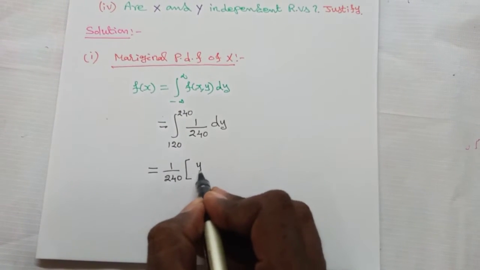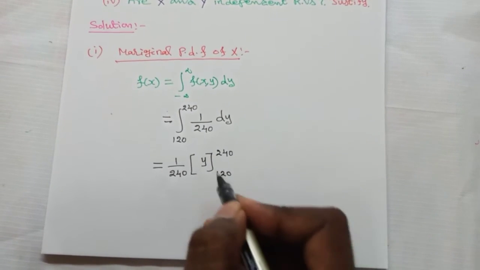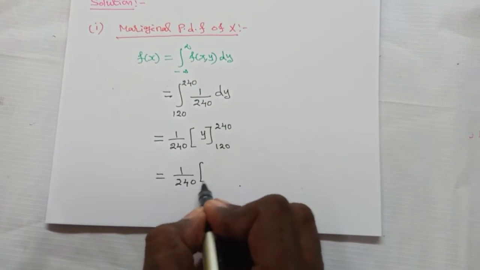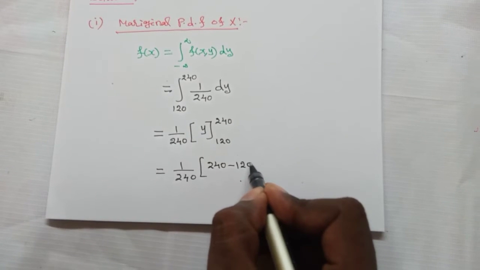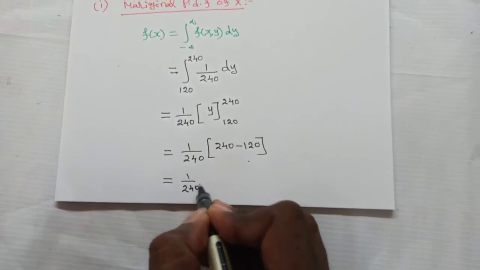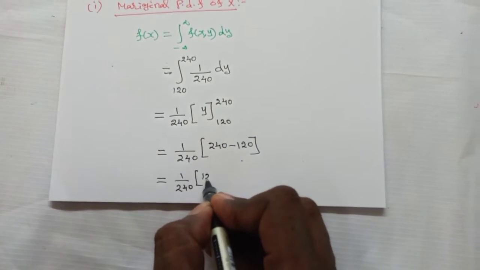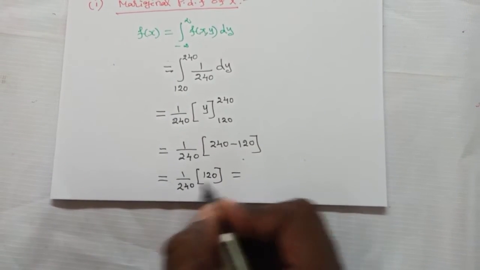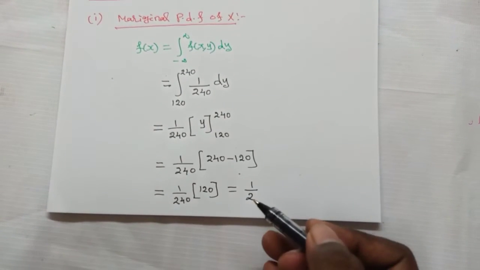Integration of dy is y, the limit is 120 to 240. So 1 by 240, substituting the upper limit, 240 minus 120. 1 by 240 into 120, cancel this, 1 by 2. So f of x is 1 by 2.